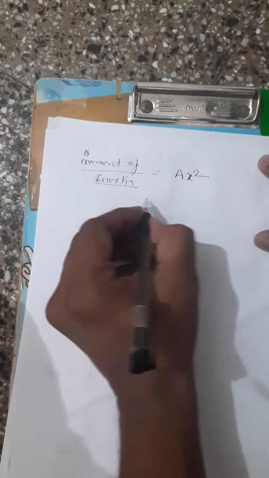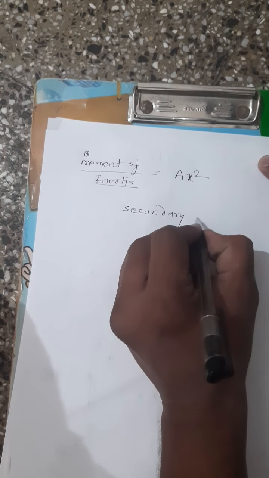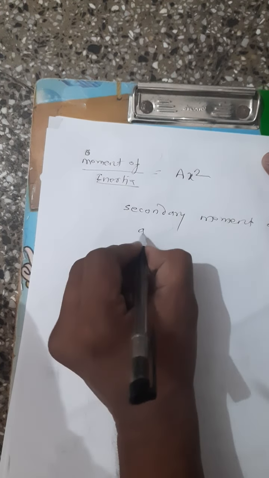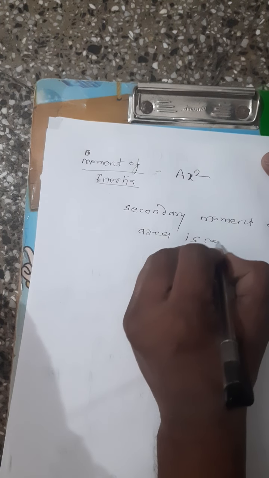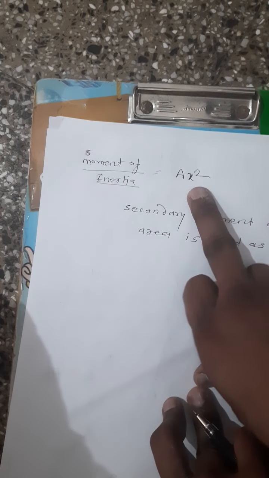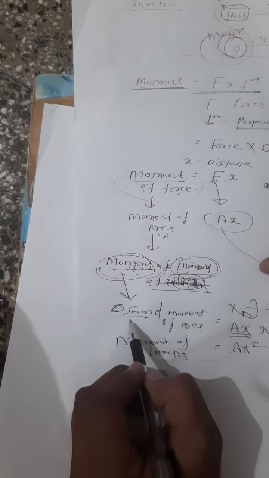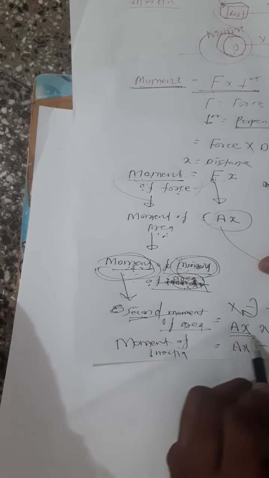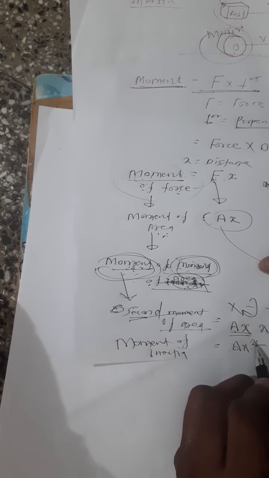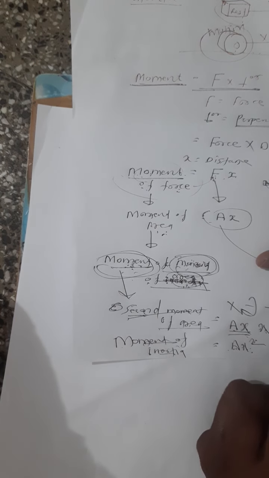It means secondary moment of area; it's called moment of inertia. Secondary moment of area means moment of area, x into x. So moment of inertia means A into x becomes x square. It always has a square.